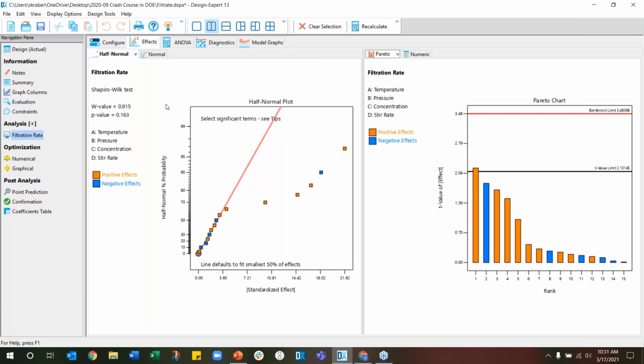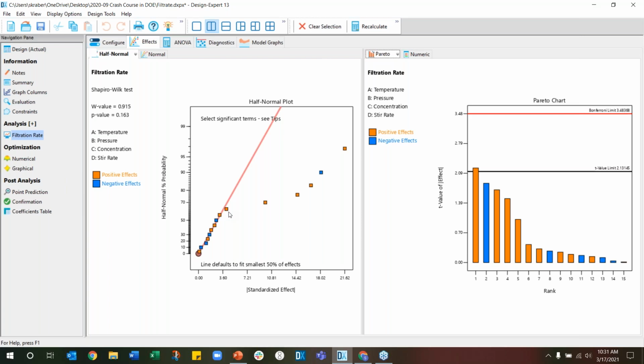So the easiest way to do that is to just put all the effect estimates into a half normal plot. This is a plot where we test for normality. And the deal is that the terms that follow a normal distribution are going to fall on a straight line that starts at 0 and goes up. So all of these terms that are on the straight line are the ones that are not statistically significant. We want to leave those alone.